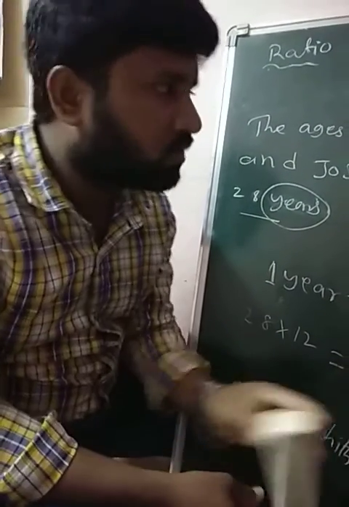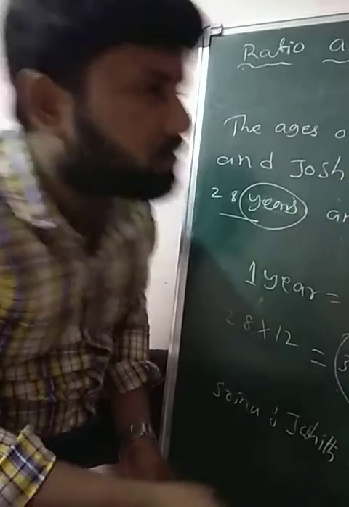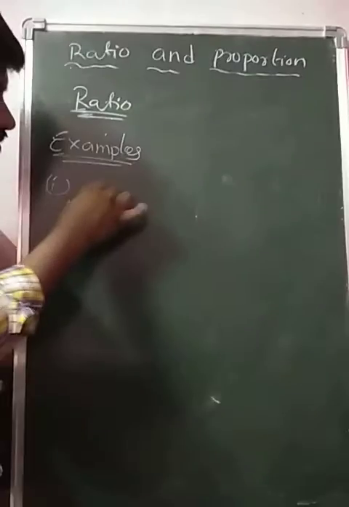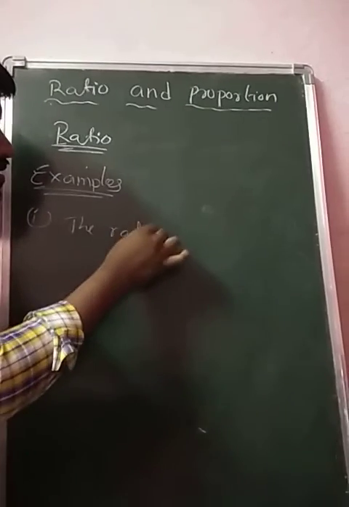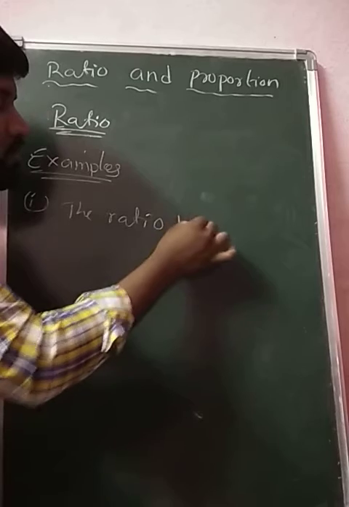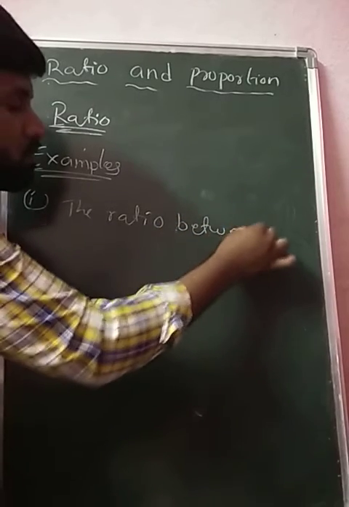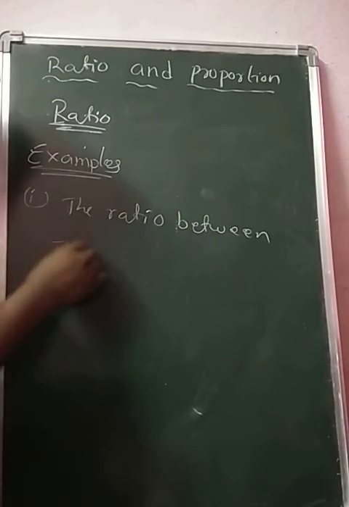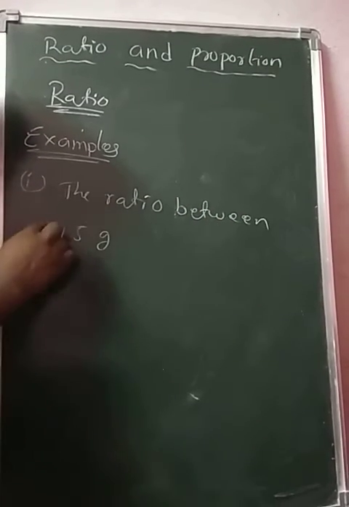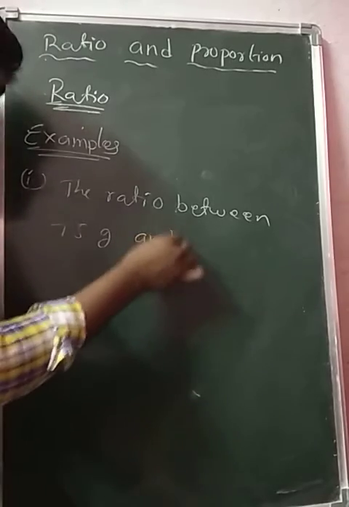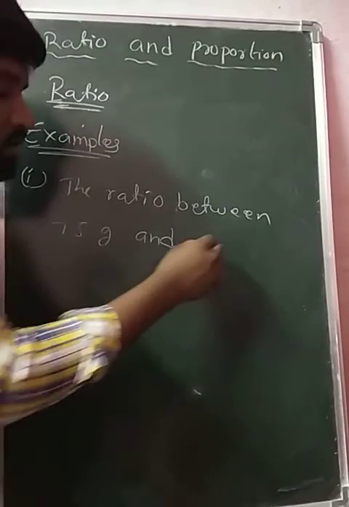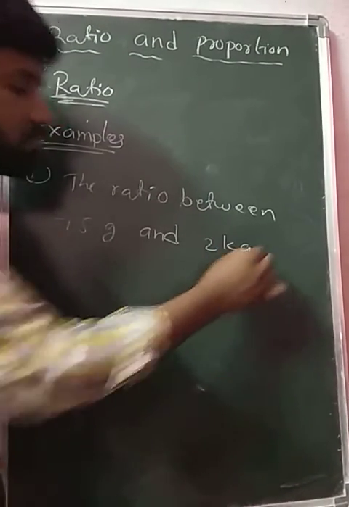Now let us see some example problems. The ratio between 75 grams and 2 kg.